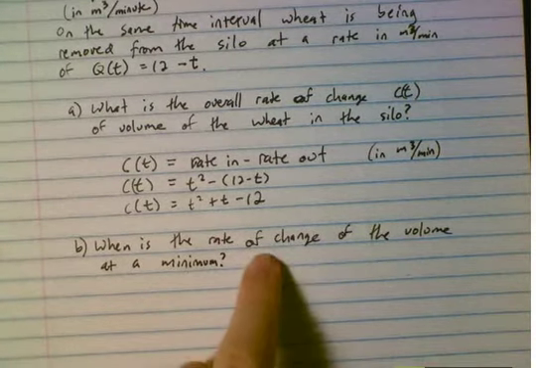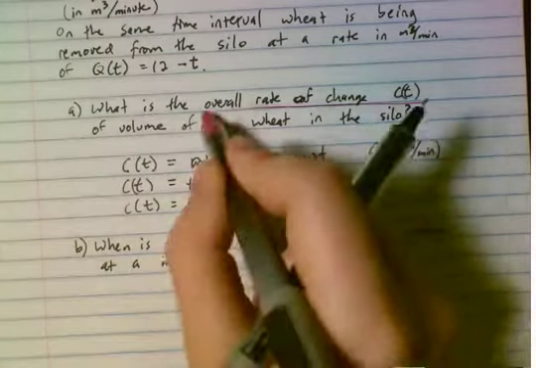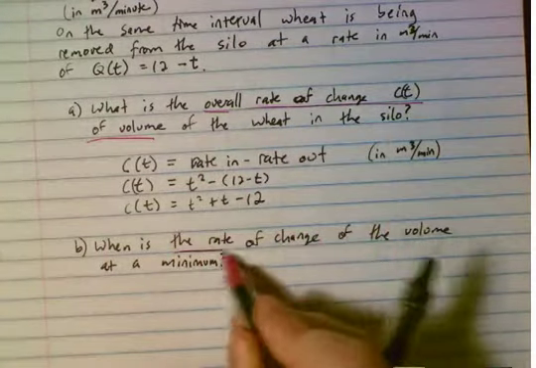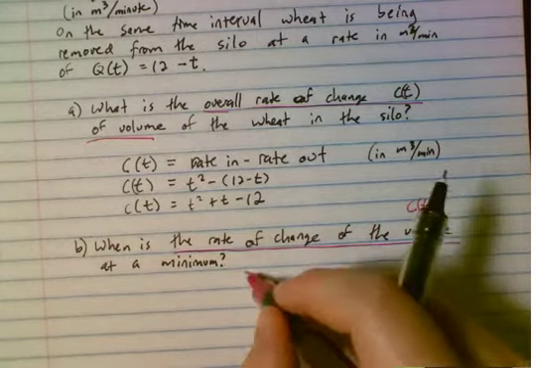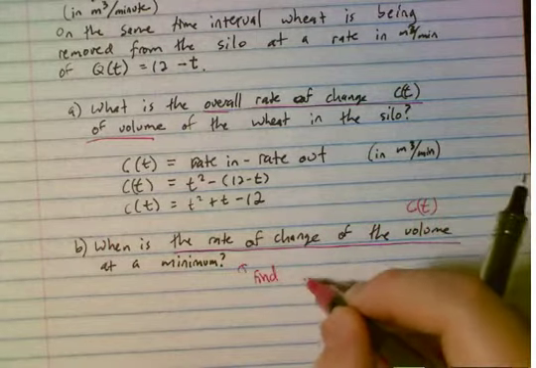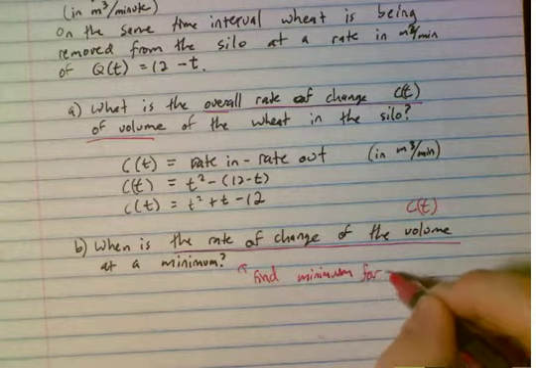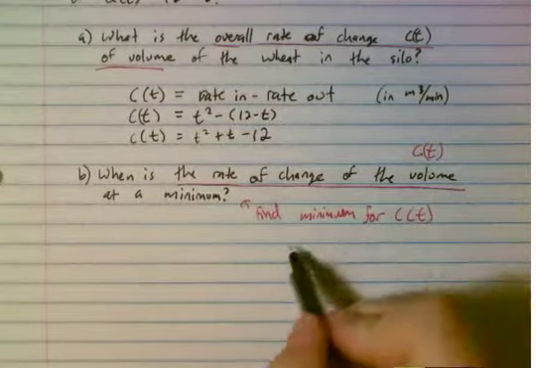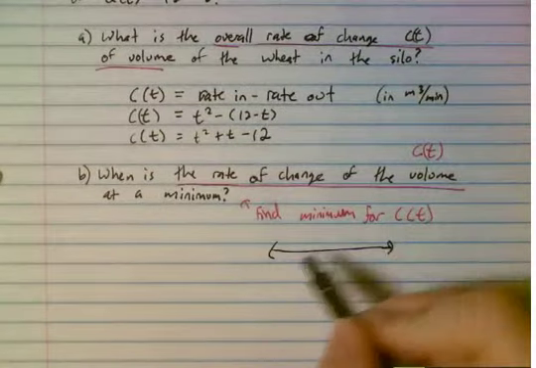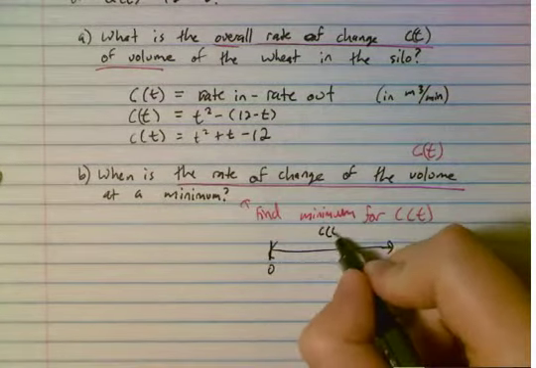Okay, so rate of change of the volume. We were just asked what's the overall rate of change of the volume, C of T. So rate of change of the volume is C of T. This means find the minimum for C of T. So we're going to start with our C of T line, and this is going to start at 0 because time can't be negative.